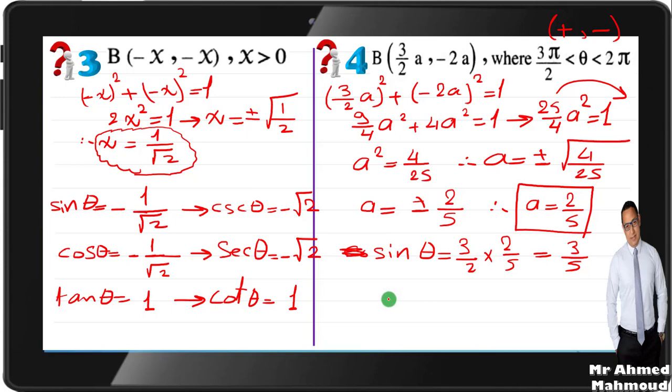Cosec equals 5 over 3 and cosine theta equals negative 2a, negative 2 times 2 over 5, which equals negative 4 over 5, and the sec equals negative 5 over 4. Finally, tan theta equals sine over cosine, which is 3 over 5 divided by negative 4 over 5, which equals negative 3 over 4. And I will leave the cotan for you. The cotan equals negative 4 over 3.